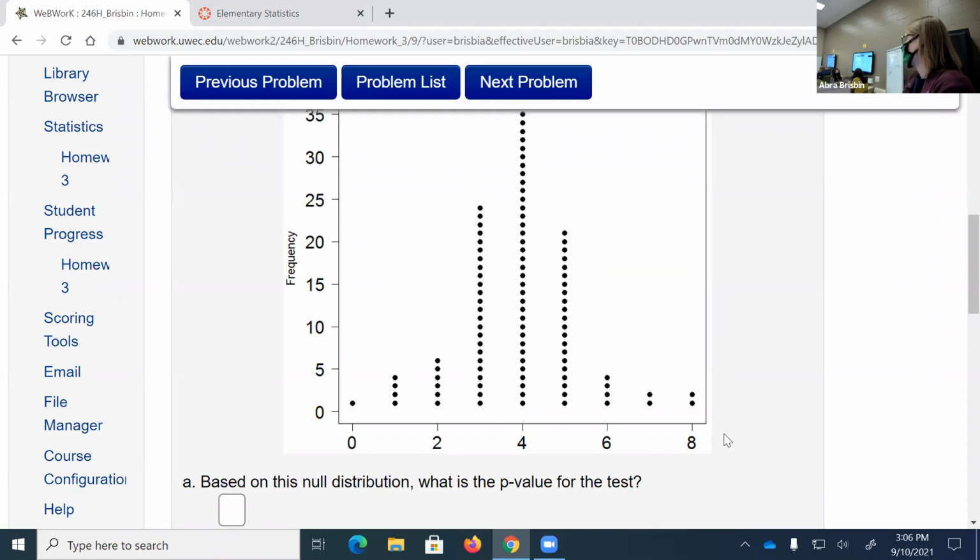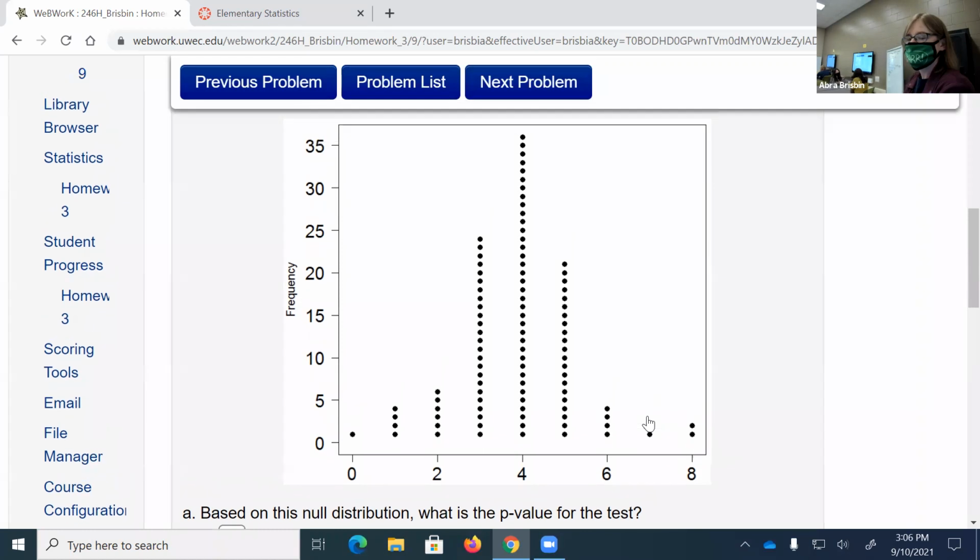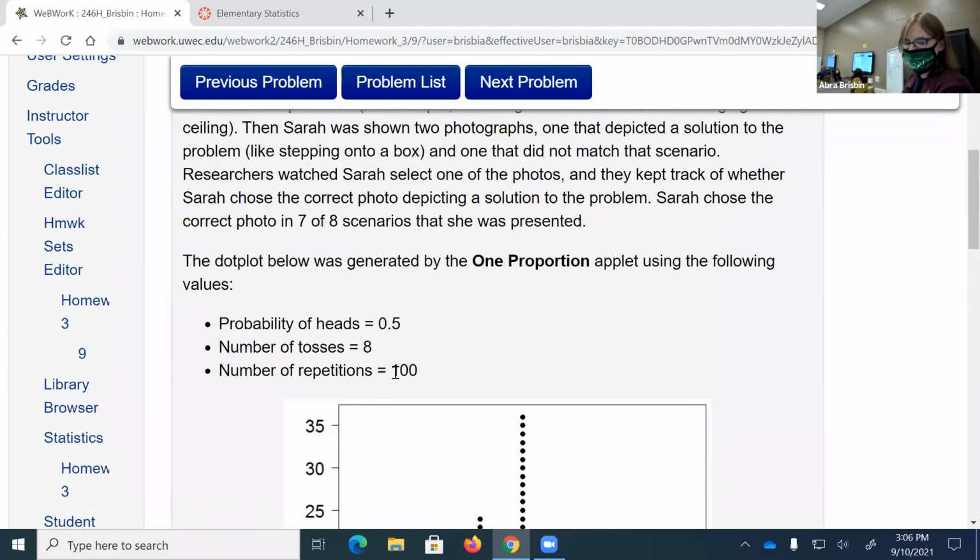So in this simulation, there were 4 repetitions that had results at least as extreme as what we observed. And that was out of a total of 100 repetitions. So the p-value then is 4 divided by 100. Questions about that?